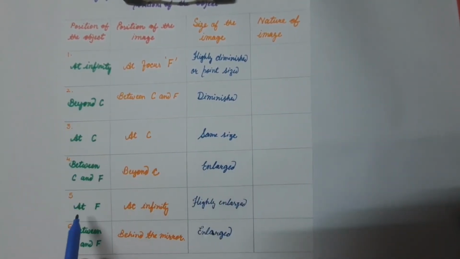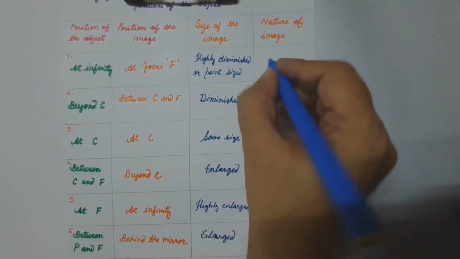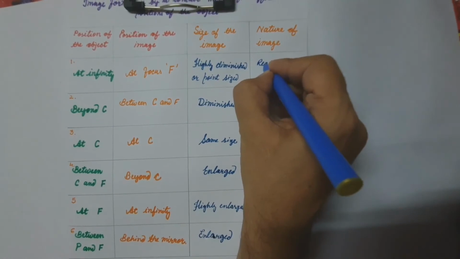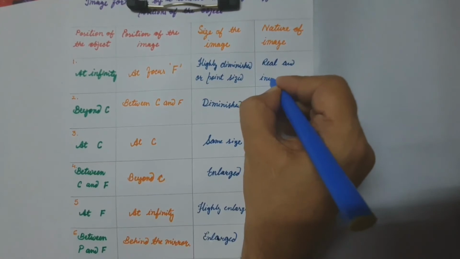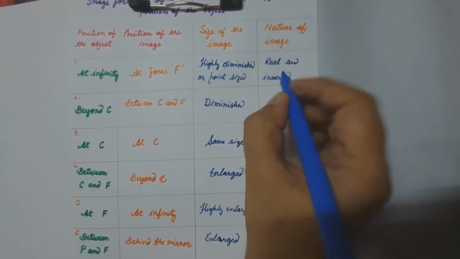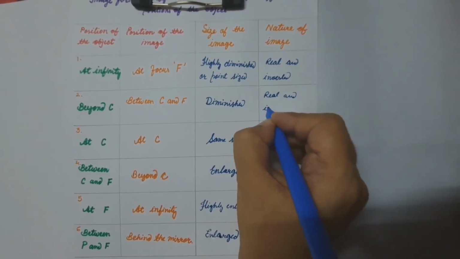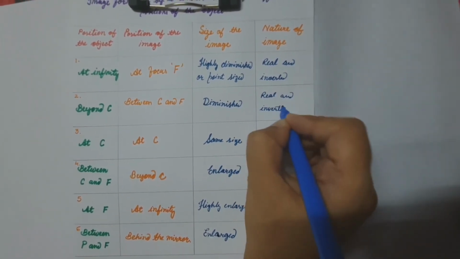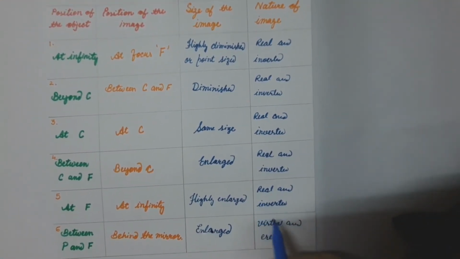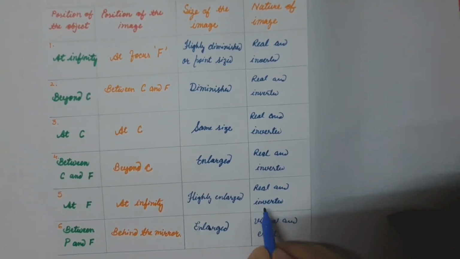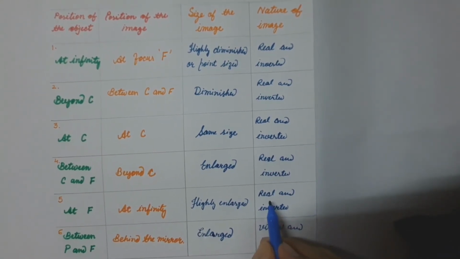For the first 5 cases here, the nature of the image will be real and inverted. A real image is always an inverted image, means this image is formed below the principal axis and can be obtained on the screen.